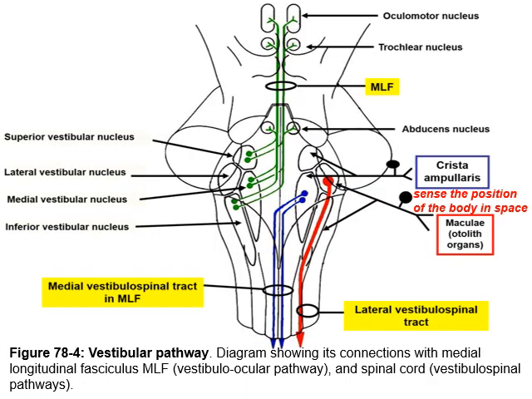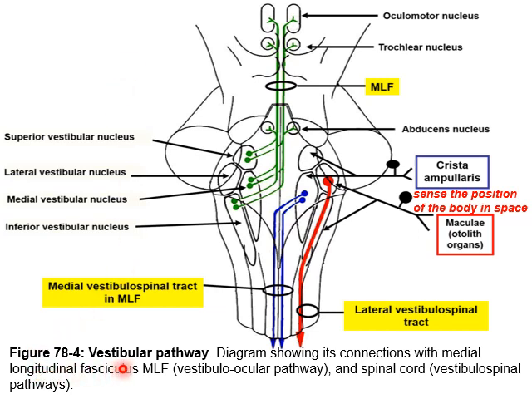This slide shows you another part of the vestibular pathway. This part is showing you the connections between the vestibular pathway and the medial longitudinal fasciculus. What is the medial longitudinal fasciculus?